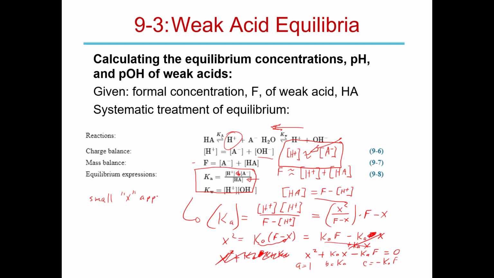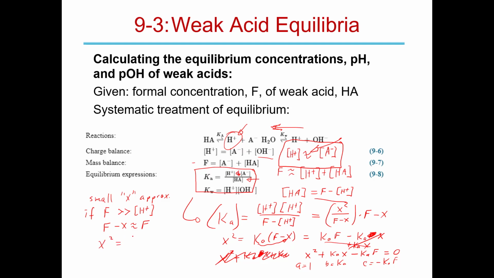So this is yet another approximation. And this happens when F is much, much greater than the hydrogen ion concentration, because it's a weak acid, so we're not going to get very much of that. So if our formal concentration is much, much greater than the H plus concentration, then F minus X is approximately equal to F. And that makes this equation even easier to solve.